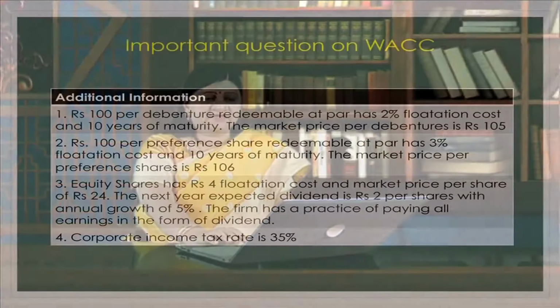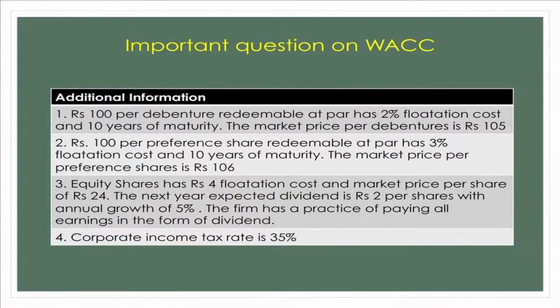So, here we can analyze that for debentures we are given the information that they are redeemable for 10 years, their redeemable value is different from net proceeds, and their market price is given. For preference shares again flotation cost is given, so net proceeds could be ascertained, their maturity period is given, they are also redeemable preference shares and market price is given.